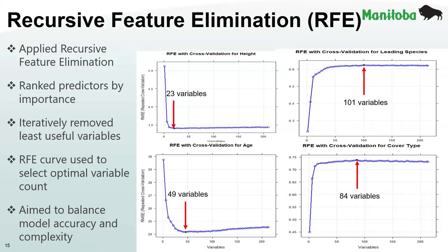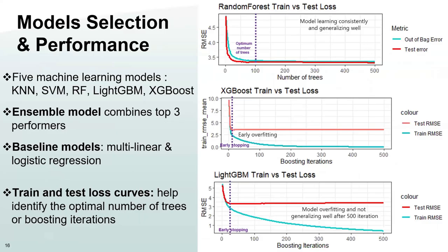The RFE graphs that we see here for each target variable help determine the optimum number of variables to keep for each target that we want to predict. The approach aims to balance model accuracy and complexity.